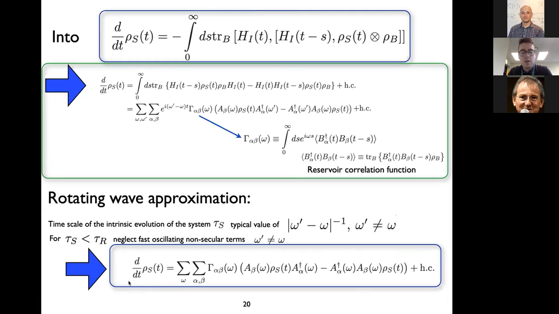So after we made the Born, Markov, and rotating wave approximations, we end up with a master equation which is in the form of a Markovian master equation. At this point, it might not appear obvious that this is in the form of a Markovian master equation. The way that we can write this in a GKSL form is by decomposing this one-sided Fourier transform gamma into its real and imaginary parts.